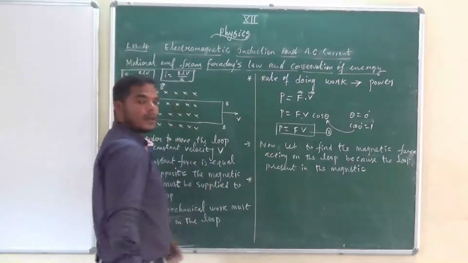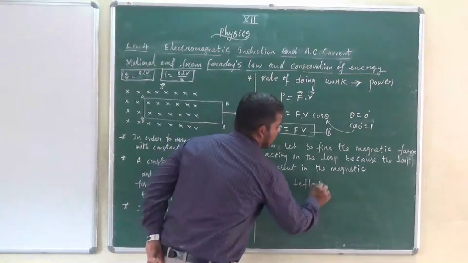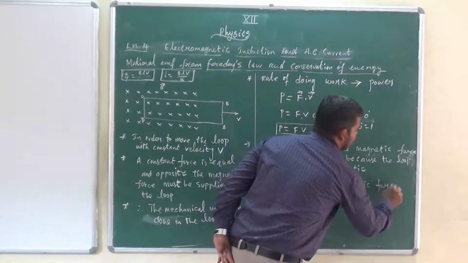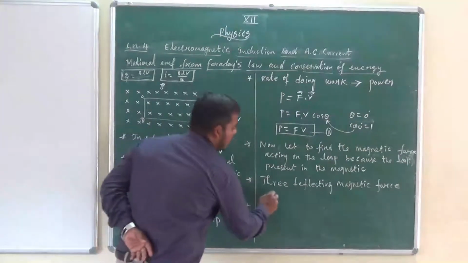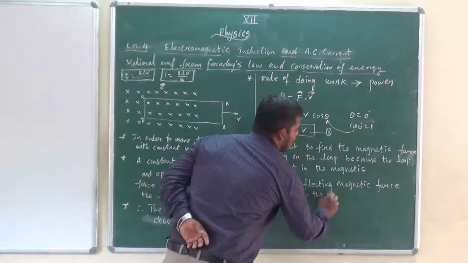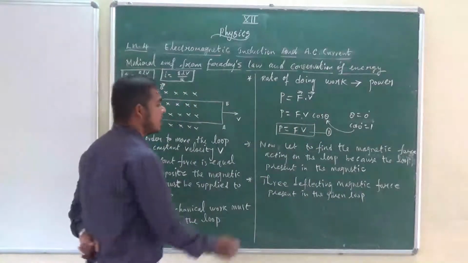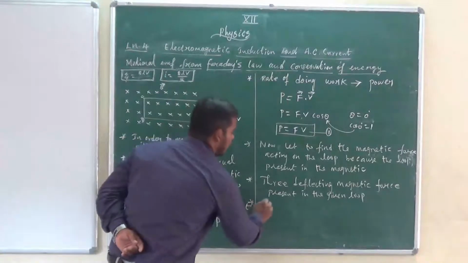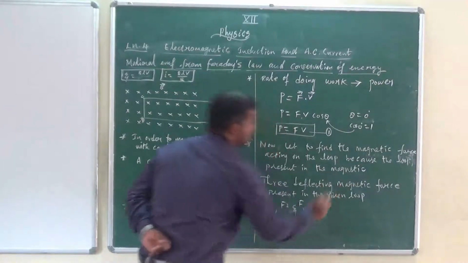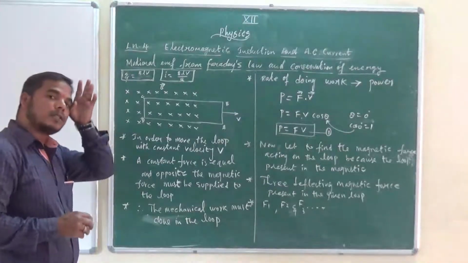We will see that there are 3 deflecting magnetic forces present in the given loop. What are the 3 deflecting magnetic forces? F1, F2 and F3. I will show how these deflecting magnetic forces act on the loop.